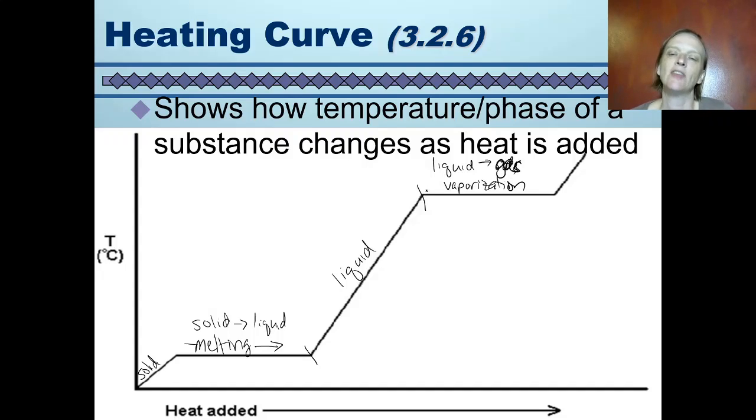And again, the temperature doesn't change as vaporization happens. The temperature doesn't start changing again until we actually get to the gas phase. Once all of the substance has vaporized into a gas, then the temperature of the gas starts increasing again.